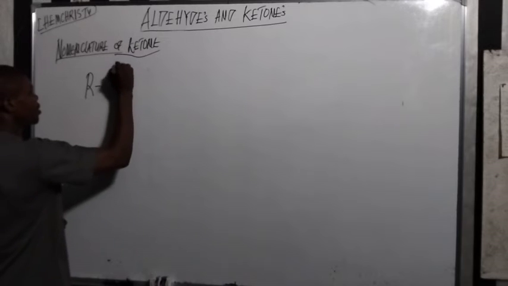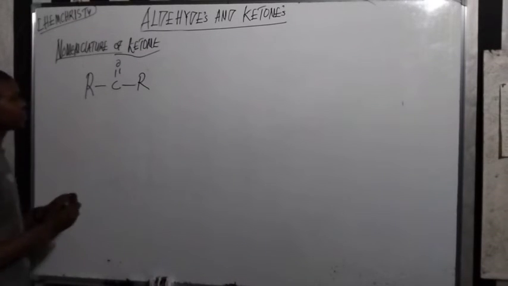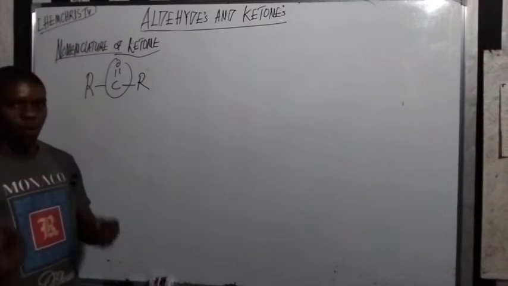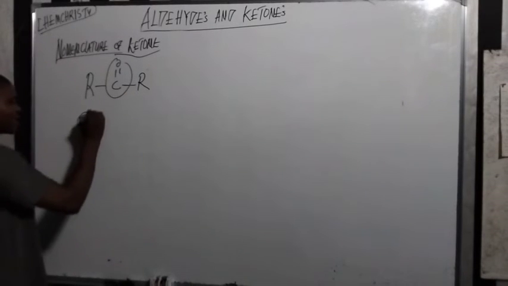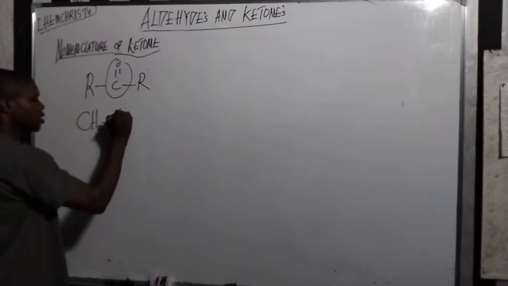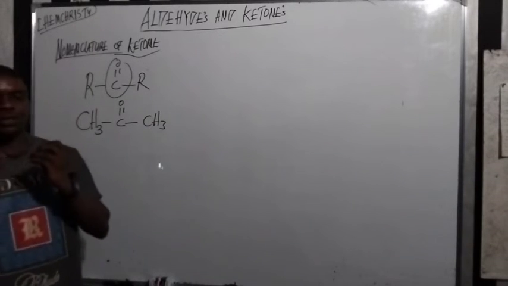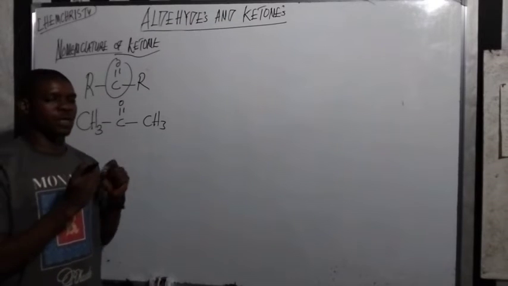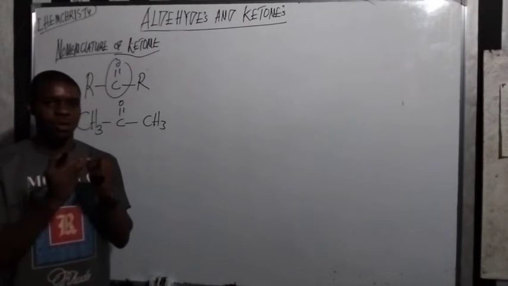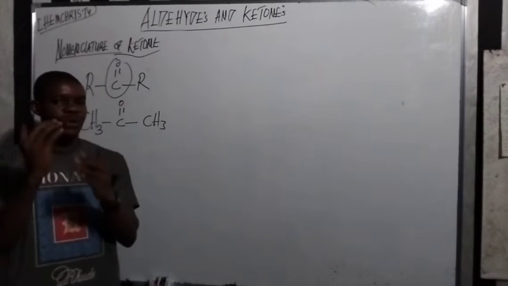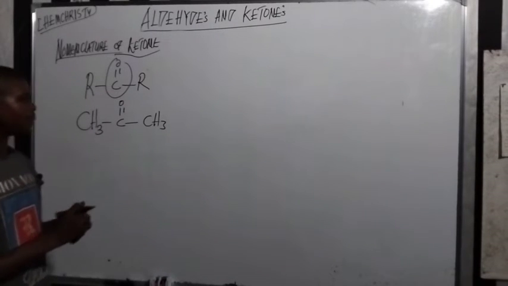The functional group is not always carbon 1. For example, here we have CH3, CH3. Now, there's a little misconception about this one here, and students normally have some misunderstanding when I name this compound.